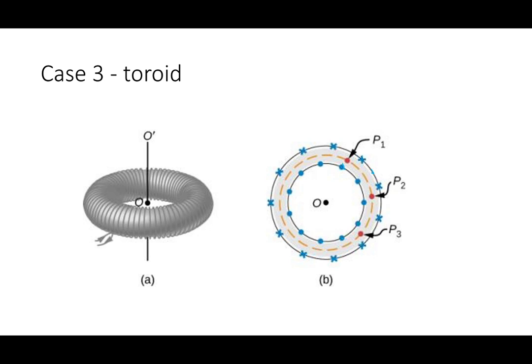Then, if we're interested in, say, the magnetic field at this point somewhere inside the solenoid, that is r away from the center of the circle, then we use Ampere's law yet again. So we have to then decide the direction of the magnetic field.